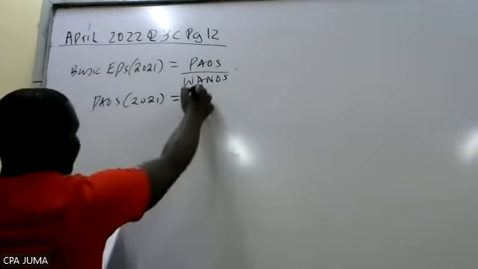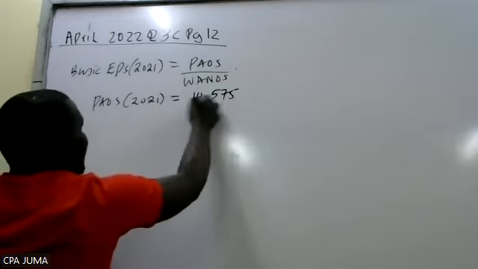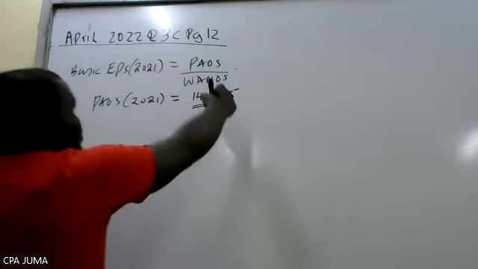The profit for 2021 was 14,575. I hope you can see that. Then now let's go to the number of shares.